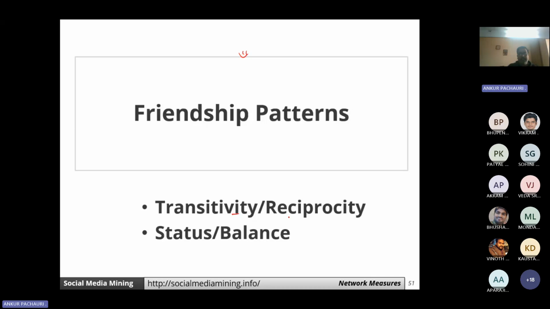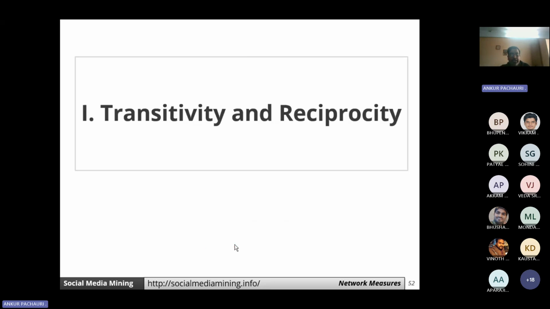So transitivity, reciprocity, status, and balance, which are very well used for the recommendation system. Okay, patterns. If A is related to B, B is related to C, then can A be related to C as well? That means if A is the friend of B, B is the friend of C, then can A be recommended as a friend of C? Yes.